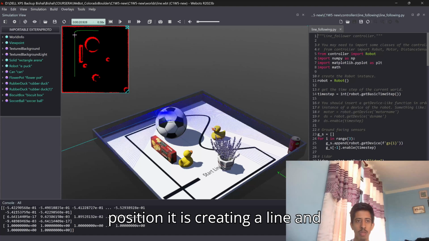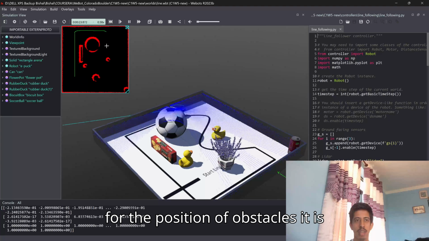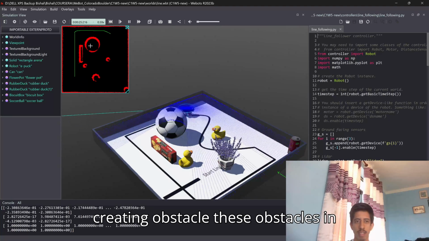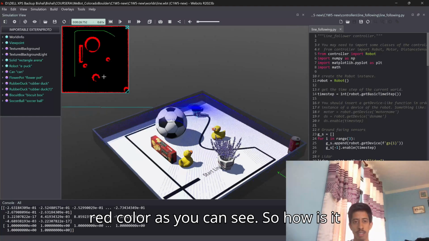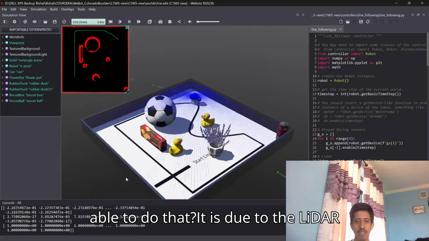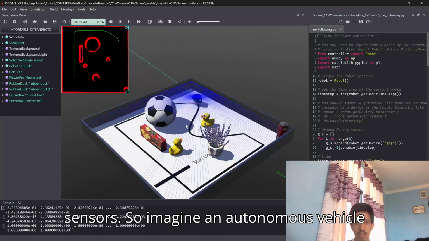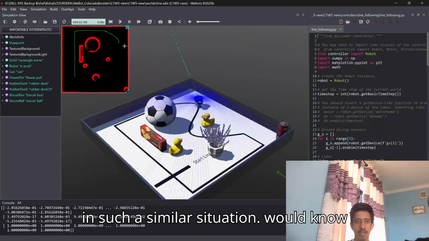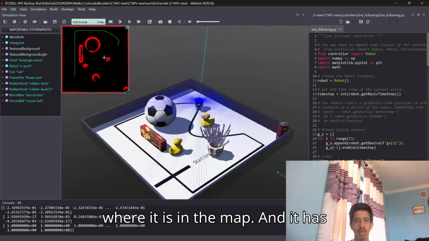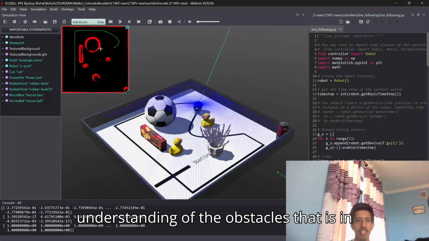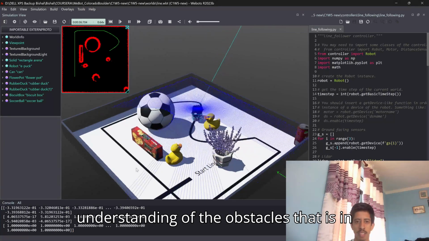For its position, it is creating a line, and for the position of obstacles, it is creating these obstacles in red color, as you can see. So how is it able to do that? It is due to the LiDAR sensor. Imagine an autonomous vehicle in a similar situation: it would know where it is in the map, and it has an understanding of the obstacles that are in its way.